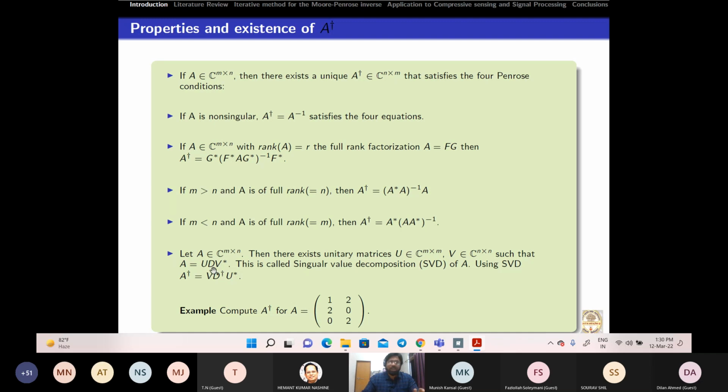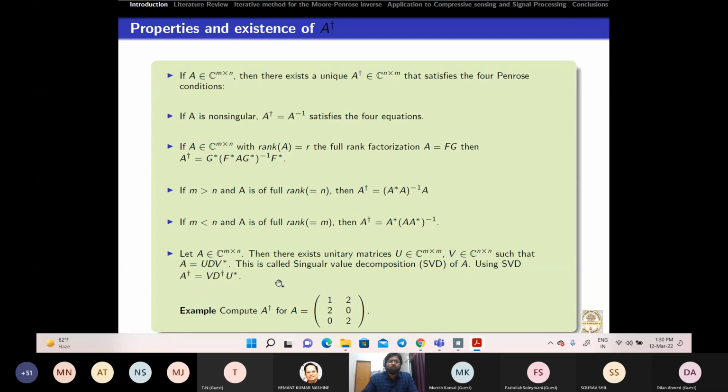What is D? D is the matrix which consists of the singular values of A. I will write this in detail through the pen tab. So this also says that the Moore-Penrose inverse exists: if you have any matrix, you have its singular value decomposition, and then you have its Moore-Penrose inverse, which you can compute by this expression.